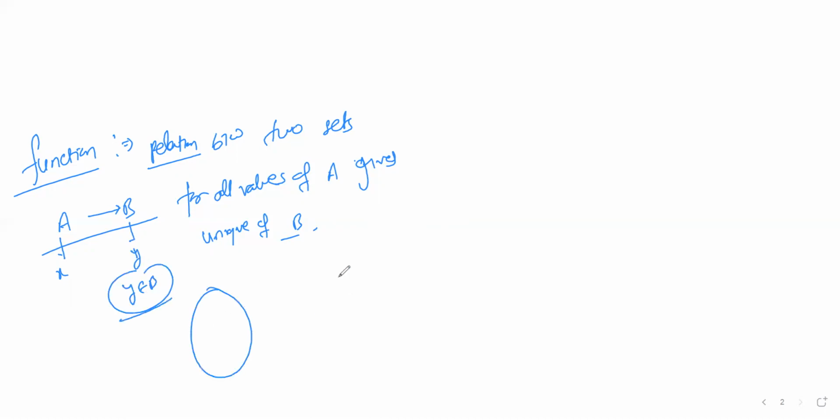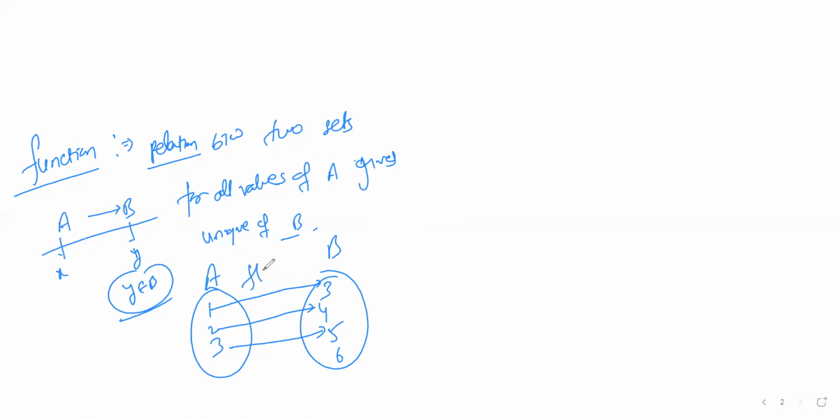So if I tell you this is set A, this is set B, and the numbers given are 1, 2, 3, and here let's say the numbers are 1, 3, 4, 5, 6. If each one has a unique image in the other set, that is called a function or relation. So what could be the function? I am not sure here, because 1 is going to 4.